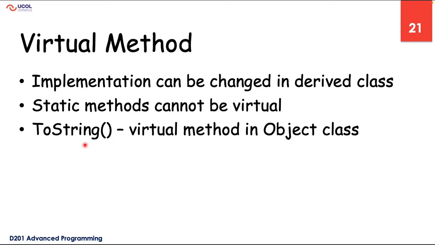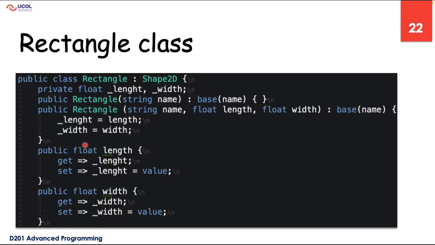Okay, so for a virtual method, we have given the implementation in the parent class, but that implementation can be modified, can be changed in the derived classes or in the child classes. So that is the behavior of the virtual methods.